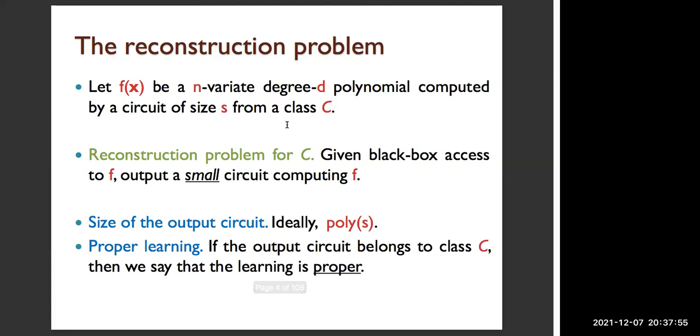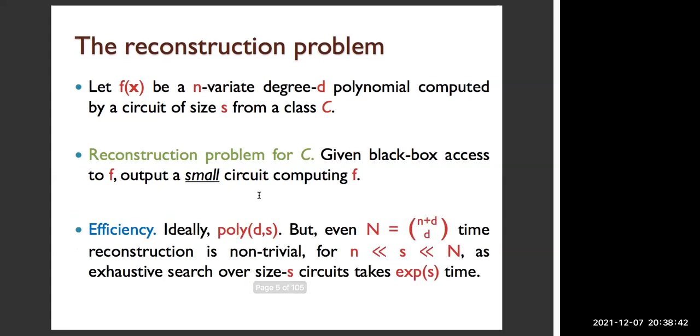And now by a small circuit, I ideally want an output circuit that has size polynomial in S. We are given the assurance that there already exists a circuit of size S, and we want an output circuit which is not much larger than S. Also, ideally, I want an output circuit from the class C. If I'm able to do that, then that kind of learning or reconstruction would be called proper learning for the class C. But as far as the problem statement goes, we are free to output any small circuit for it, need not be from the class C.